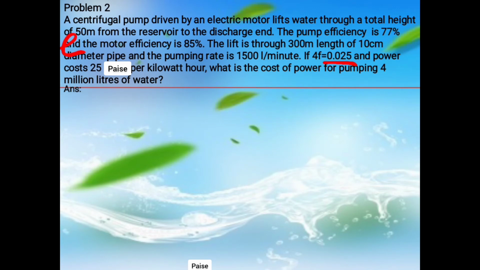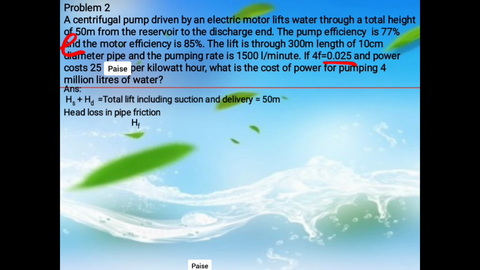But in this question, first we find out the head loss due to friction. Total head means H equal to HS plus HD plus HF. HS plus HD equal to 50 meter. Head loss due to friction HF equal to F dash into L into Q square divided by 12.1 D raised to 5.